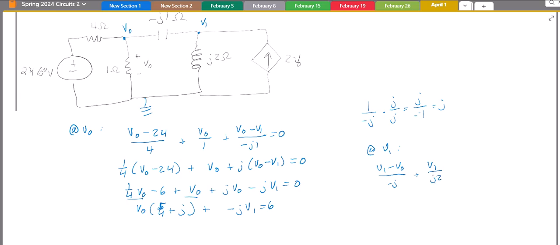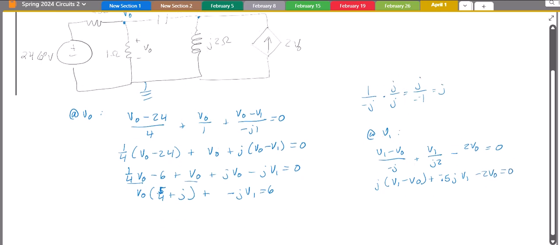J2, and then minus 2V0 equals 0. So that's 1 over minus J is J, so JV1 minus V0 plus 0.5 minus J V1, because 1 over J is minus J, minus 2V0 equals 0.